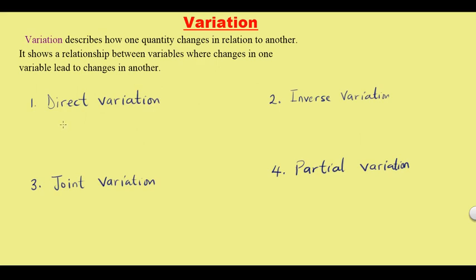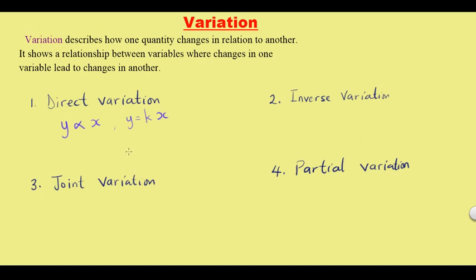Let's say for example we have variable y, and if this varies directly as variable x, it means as x increases, y will also increase, and as x decreases, y will also decrease for a particular constant value. So mathematically we express it as y equals kx, where k is the constant of proportionality.